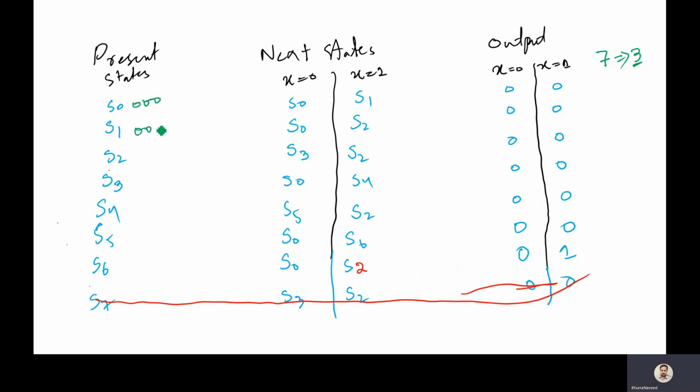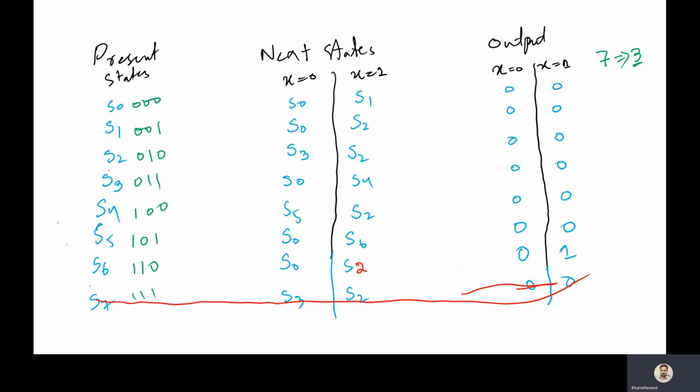And this is 0, 0, 1. And let's assign 0, 1, 0 to S2 and 0, 1, 1 to S3 and 1, 0, 0 to S4 and 1, 0, 1 to S5 and 1, 1, 0 to S6. And this unused state, that is S7, say it is 1, 1, 1, right?